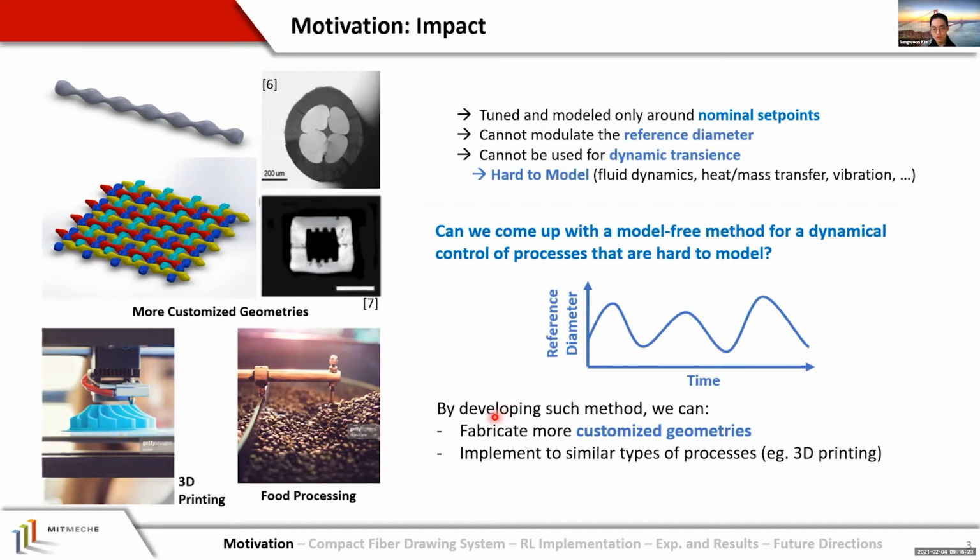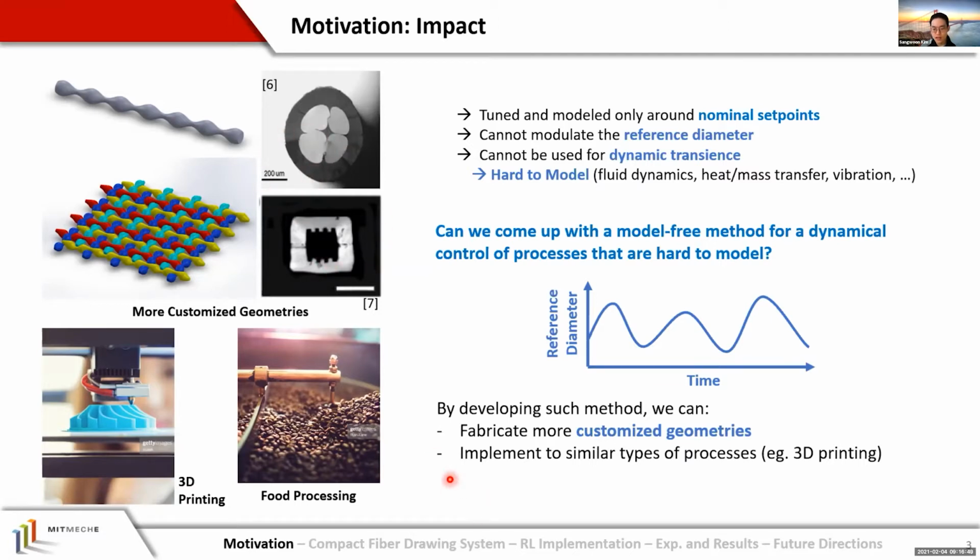First of all, we will be able to produce fibers with more customized geometries. For example, we could make a fiber with a wavy profile, as you see in the top left figure, and extend this to make customized fabric. We could also extend this approach to vary not only diameter, but also cross-sectional patterns in future work.